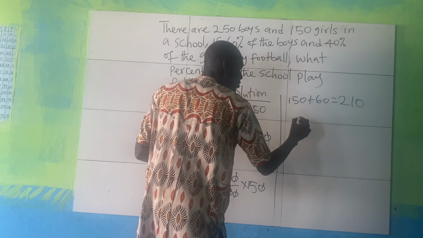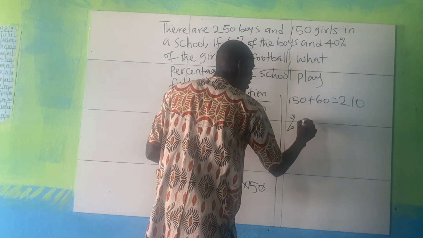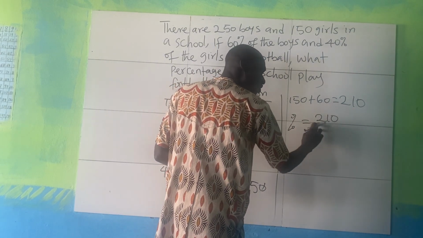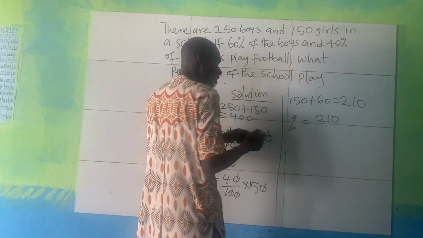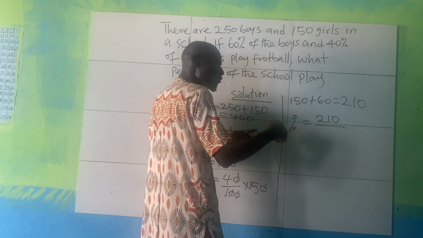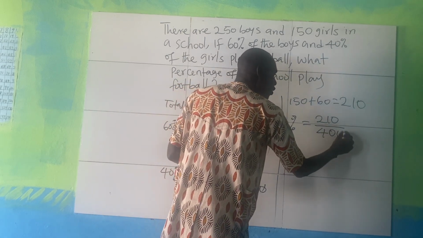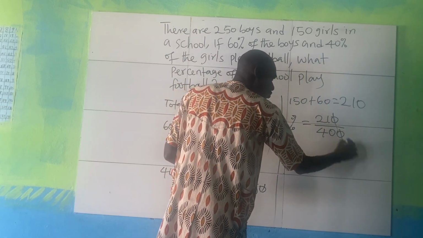So our percentage will be 210, which is the total number of students that play football, including boys and girls, over the total number of students in the school, which is 400. So 0 cancels 0.